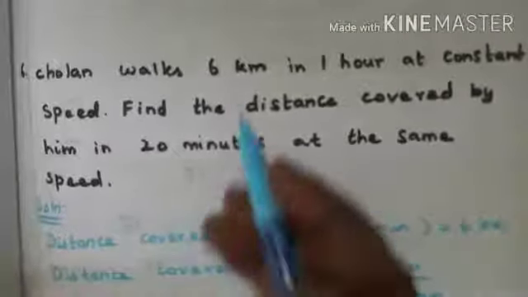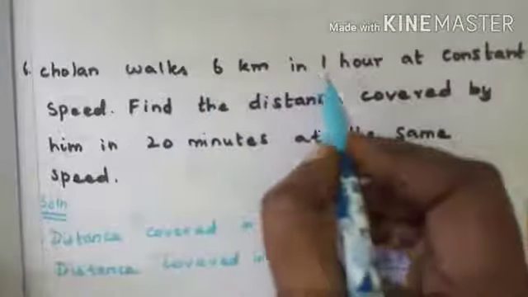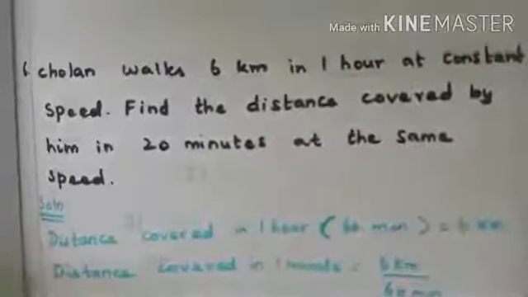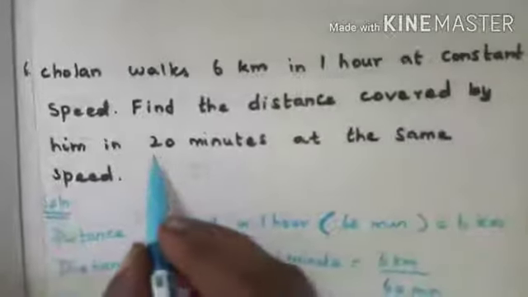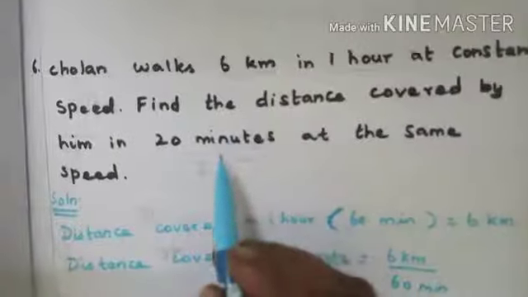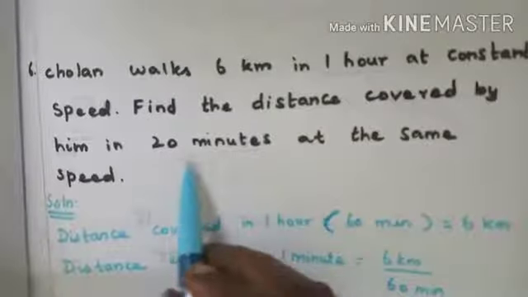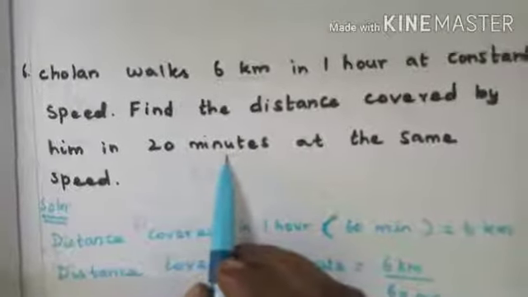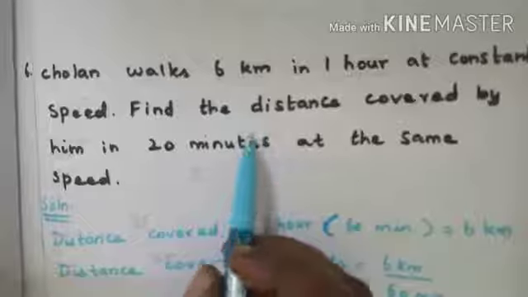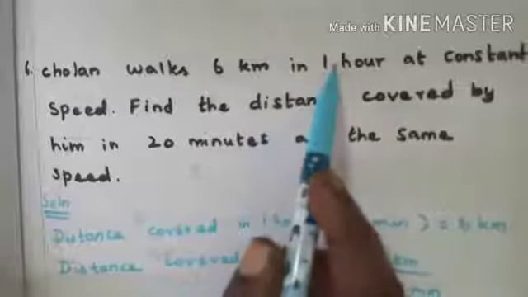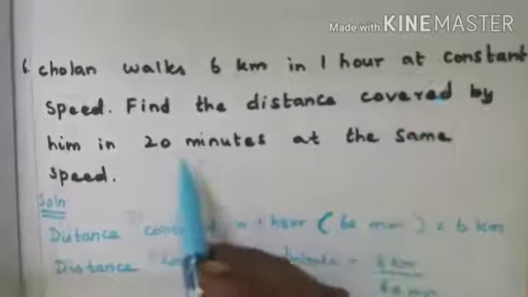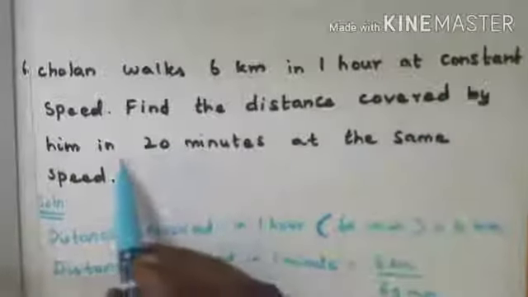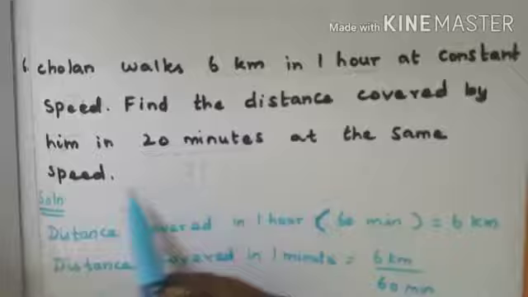So he walks 6 km in 1 hour, but they have not asked in hours, minutes are given. So we are going to convert the hour. 1 hour is equal to how many minutes? 60 minutes, isn't it?